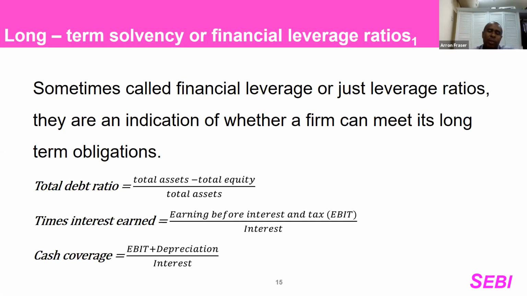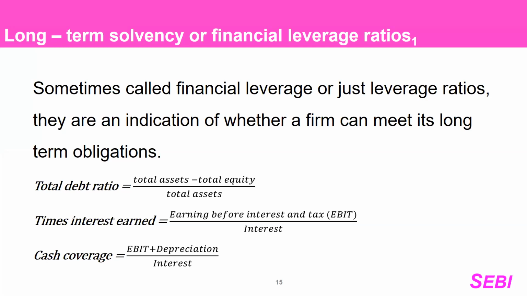This ratio tries, as much as possible, to derive the actual cash that you would have gotten from operations, right? It's an attempt, but not as strong an attempt as it should be, because here you're using profits, which have some amount of accrual accounting in them, and you're dividing it by interest.